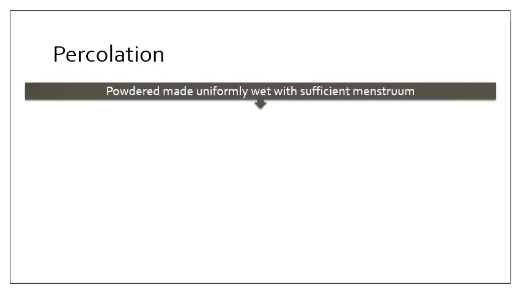Here is the stepwise breakdown of the percolation process. Firstly, we powder the drug or make the drug into small parts, and we wet it sufficiently with the menstruum.